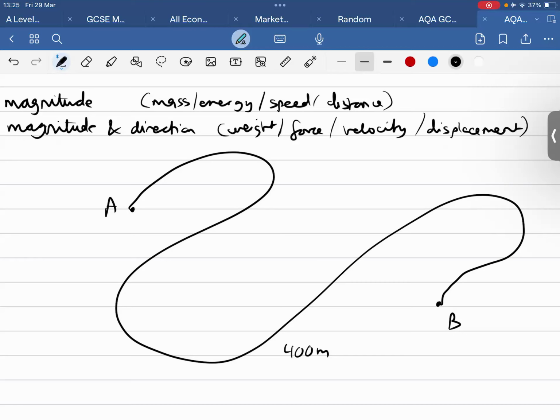But the shortest distance from A to B is 100 meters, and that 100 meters would be my displacement. It's how much I've displaced by from my start to my finish in that direction, whereas my 400 meters is my distance traveled. Remember, displacement is only how far you moved in that particular direction.